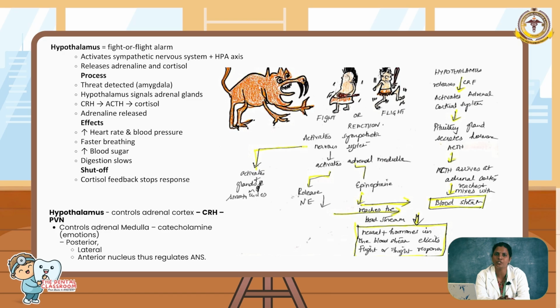This CRH will stimulate your pituitary gland to release ACTH. This ACTH will stimulate your adrenal cortex to release glucocorticoids, mineralocorticoids and the sex steroids. These glucocorticoids are important for managing your stress because they will increase the blood glucose level. Thus, it is going to cause flight and fright reactions.